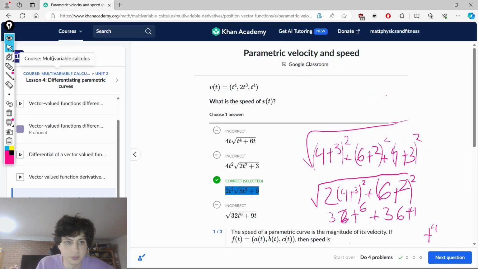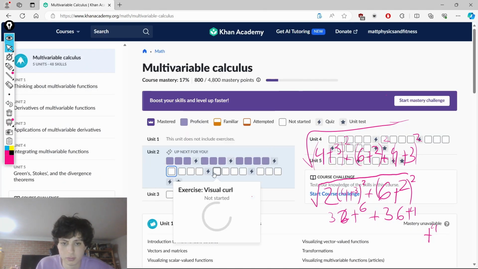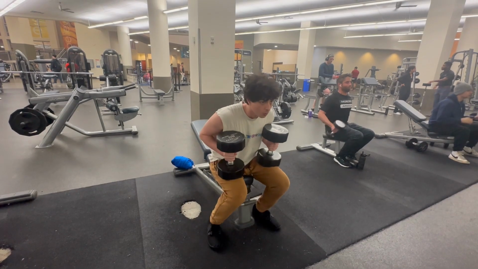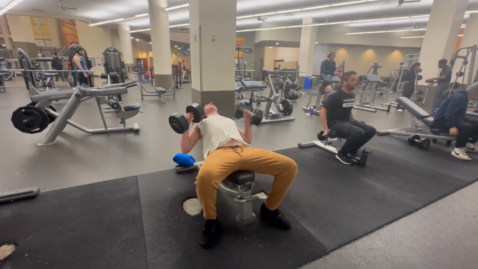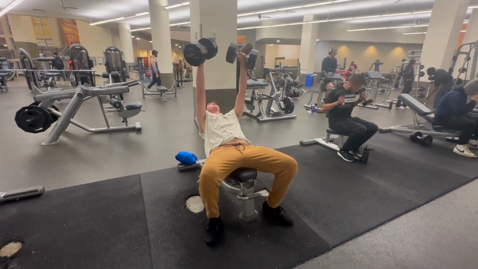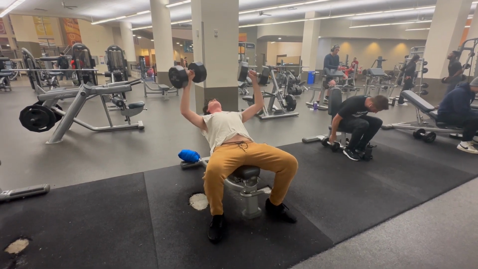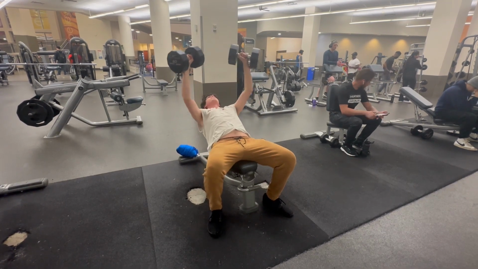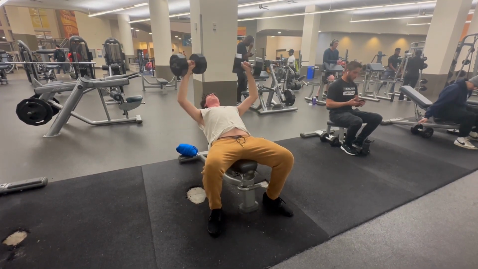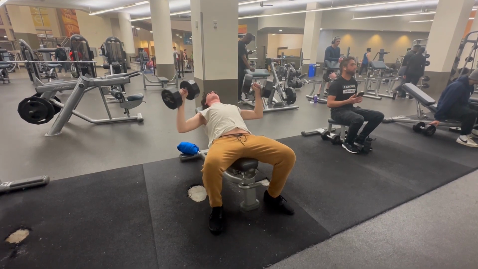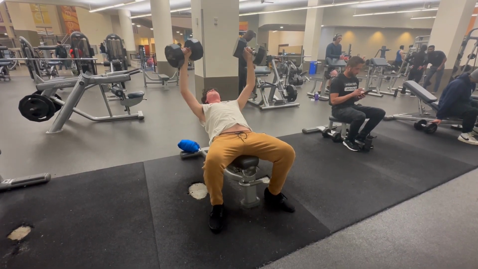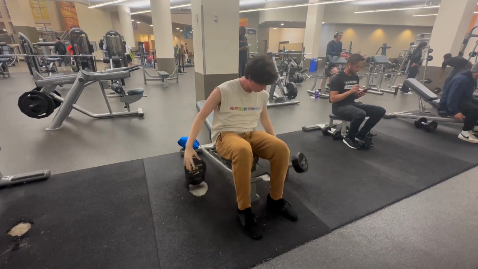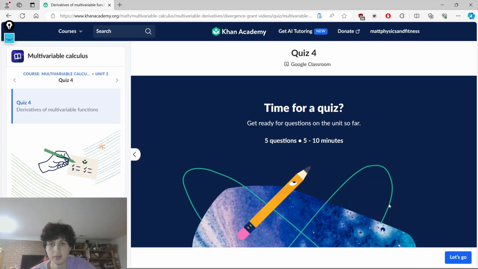No, not here. Okay, before we get started on quiz 4, let's check out our incline dumbbell press for the week. Oh no. 60 pounds.